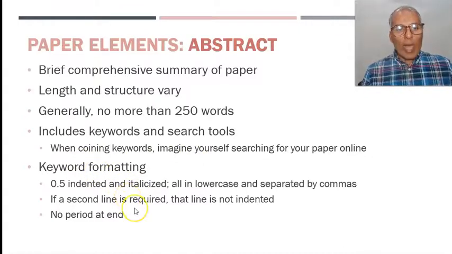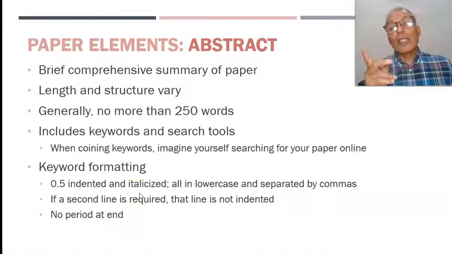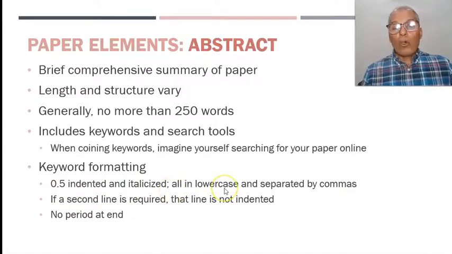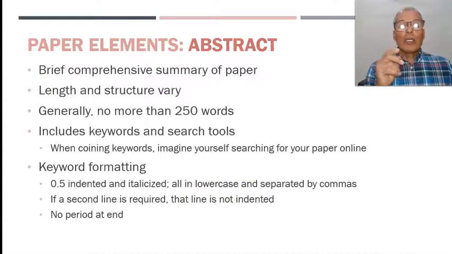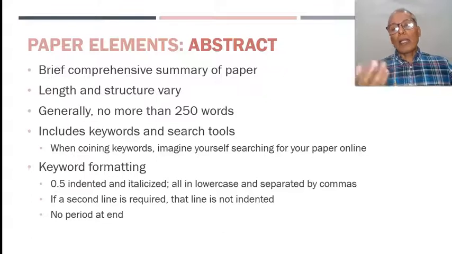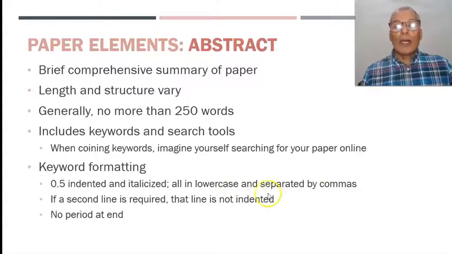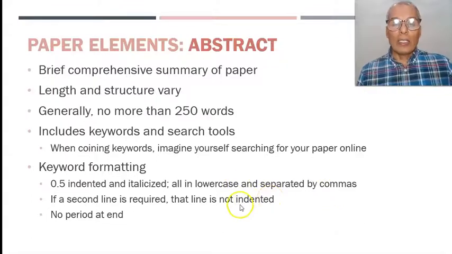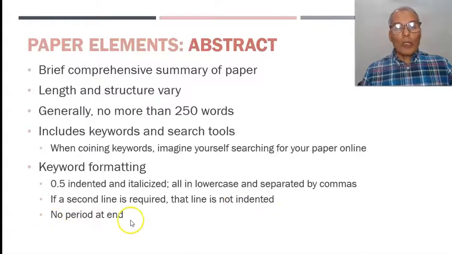The formatting for keywords is half-inch indentation, and they are italicized, and all are in lowercase. They are separated by commas, and if the second line is required, that line is not indented. So there is no period at the end.